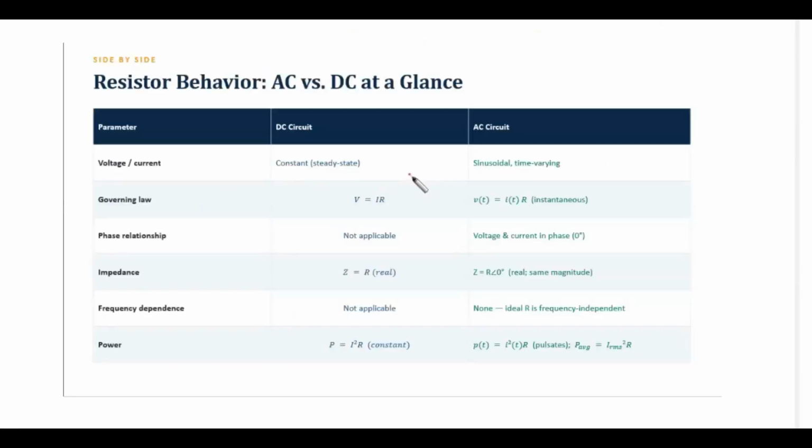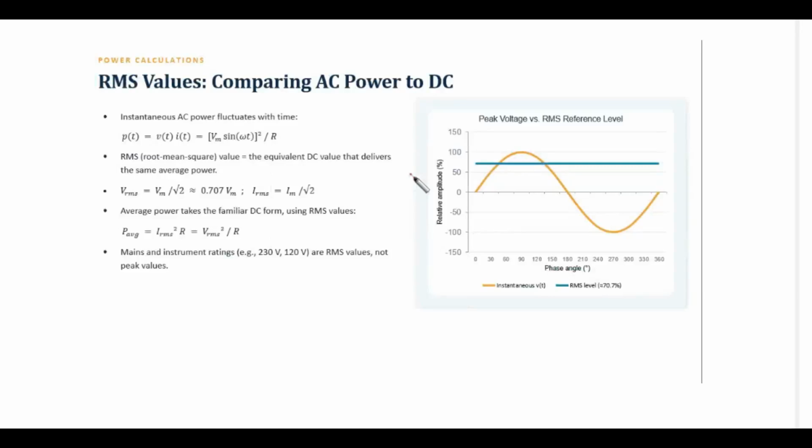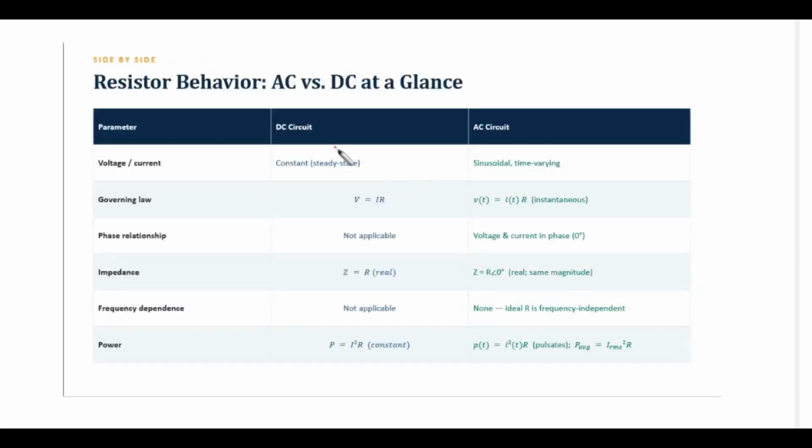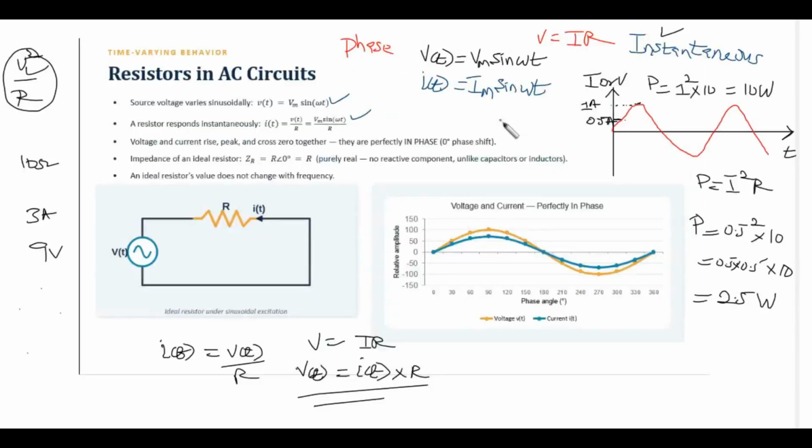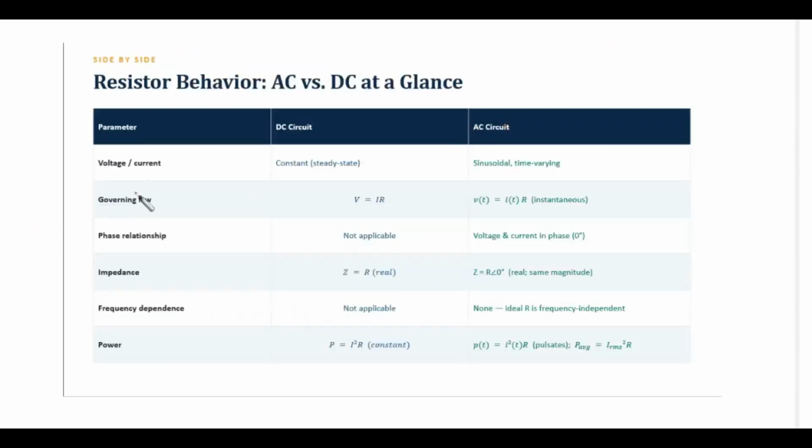So let's quickly look at a comparison between DC and AC circuits for resistors. Okay, in a DC circuit, the current and voltage stay steady. We have seen that already, stays steady.